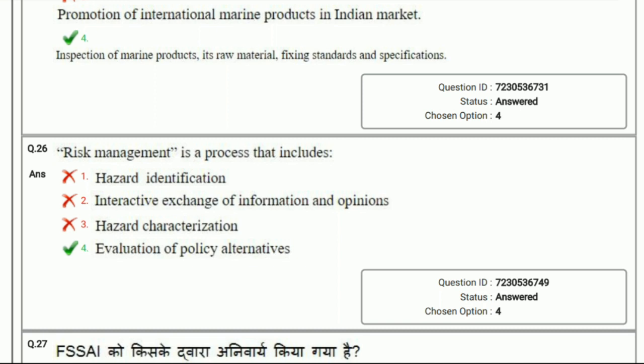And in risk management we evaluate the policy alternatives, like if we are having this particular method to stop this particular hazard, so what can be the alternative, what is the benefit of this particular method. So all these things are in the risk management. So the option 4 is the correct answer to this.